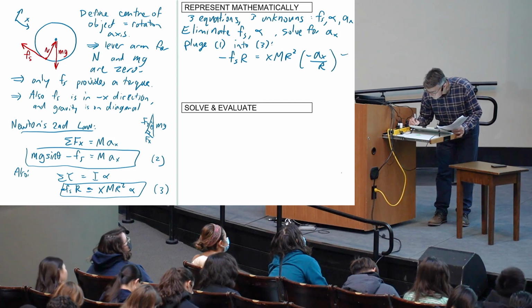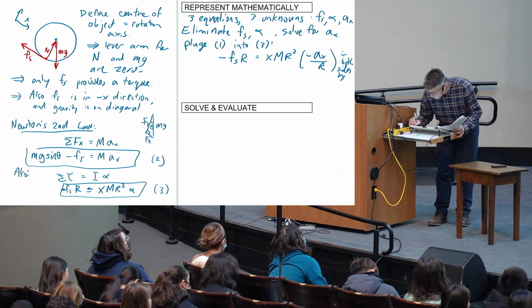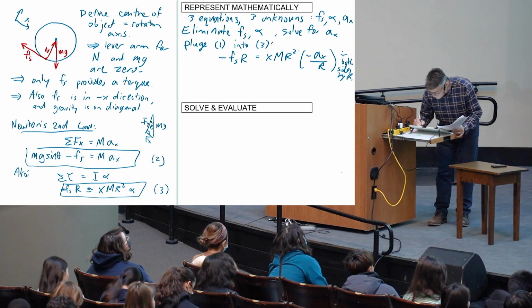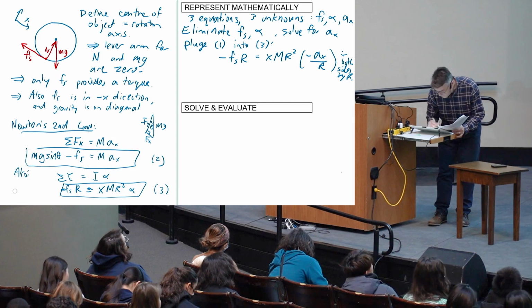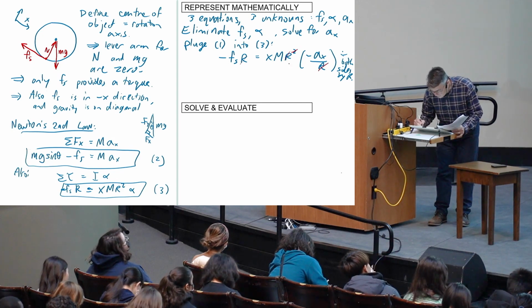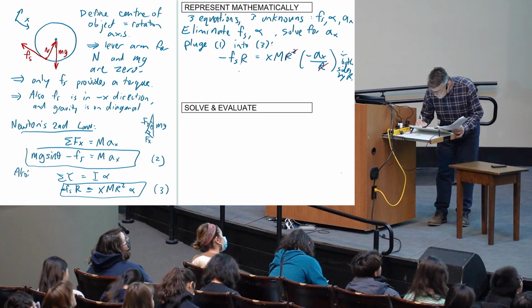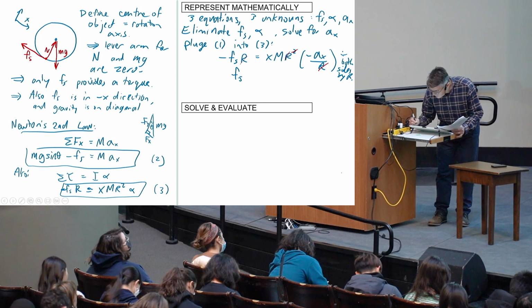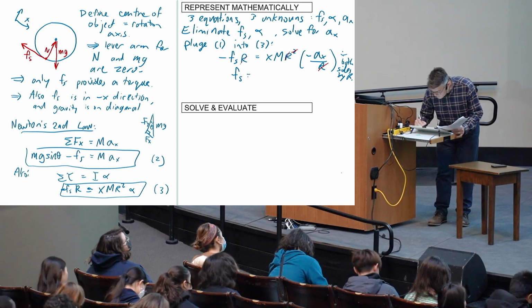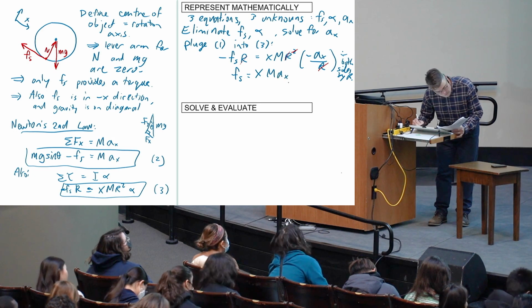Okay, and I can divide both sides by r, because there's a bunch of canceling, right? This r squared cancels this r, and then this r can cancel this r, and you just end up with, it doesn't matter what the radius is, and there's negative signs on both sides, so you just get Fs equals x times m times A sub x.